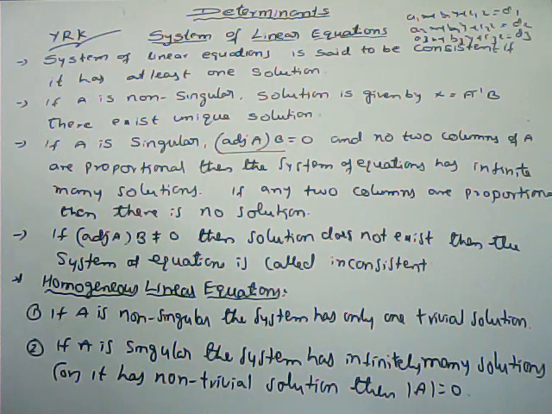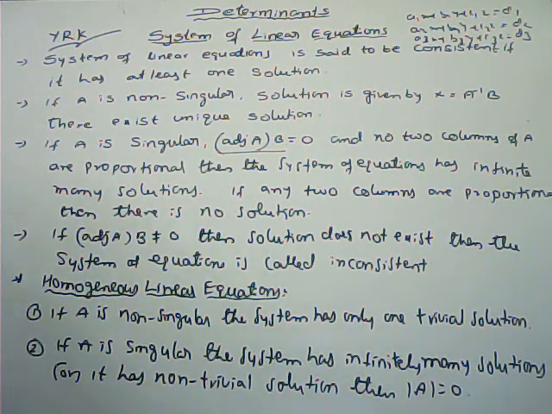If adjoint A into B is equal to 0 and no two columns of A are proportional, then the system of equations has infinitely many solutions. If any two columns are proportional, then there is no solution.